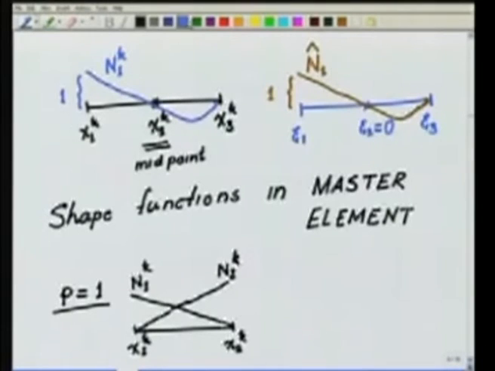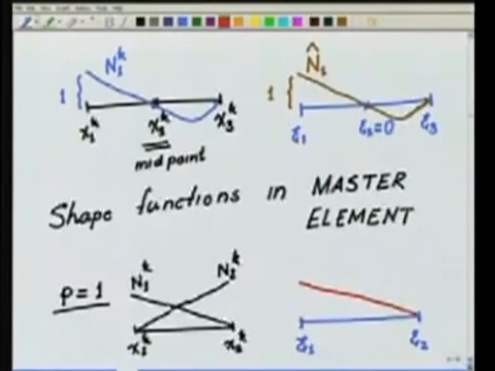Similarly, this is my master element, this is the point psi 1, this is the point psi 2. This is the function N1 hat, this is the function N2 hat.